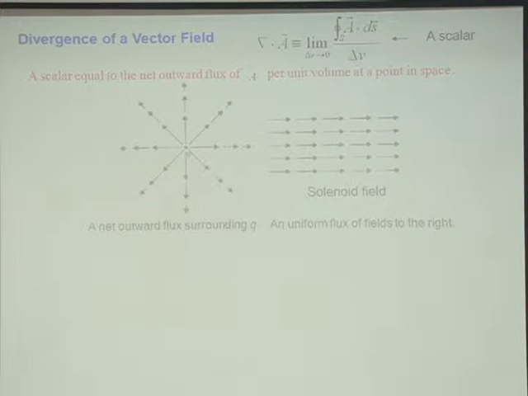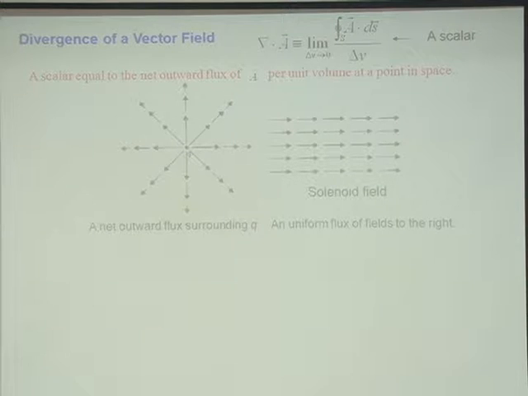So divergence basically tells you the flux of this vector per unit volume at a point in space. At this point, you do the flux integral and divide by the volume, and then you get the average flux at this point.